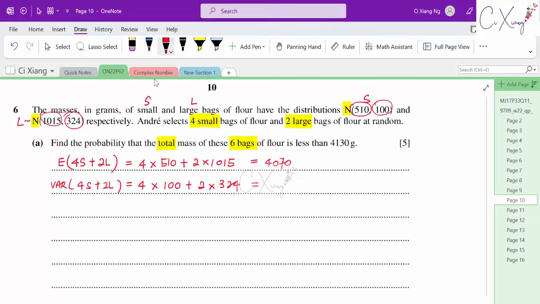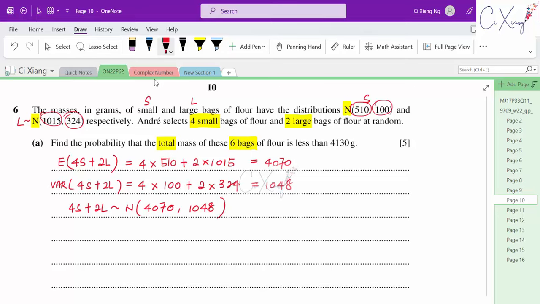So the variance of the total 6 bags will be 1048. And from here, we know that because both S and L are originally normally distributed, 4S plus 2L has mean 4070 and variance 1048.